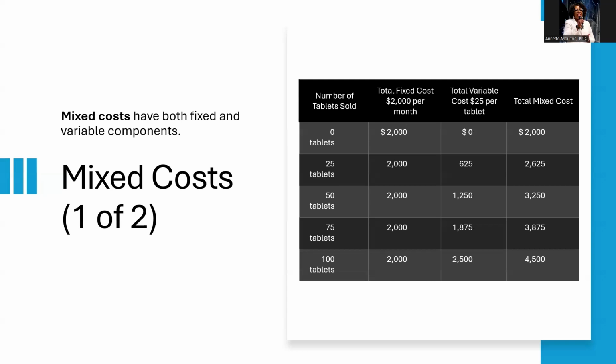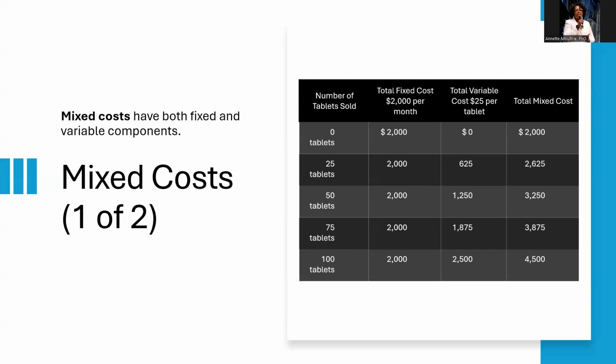So we would consider that the salary is a fixed cost because it remains the same regardless of sales volume. However, the commission is a variable cost since it fluctuates based on the number of tablets sold.